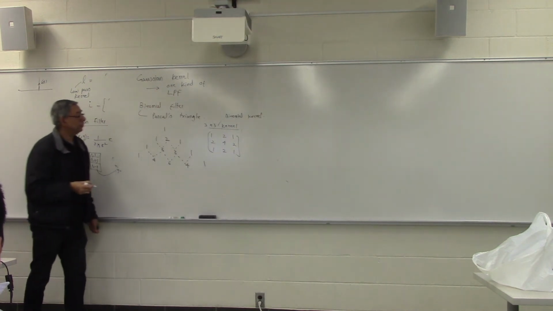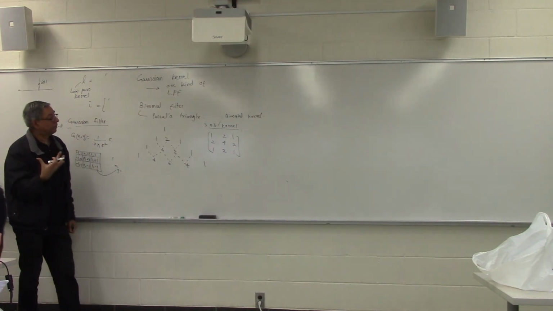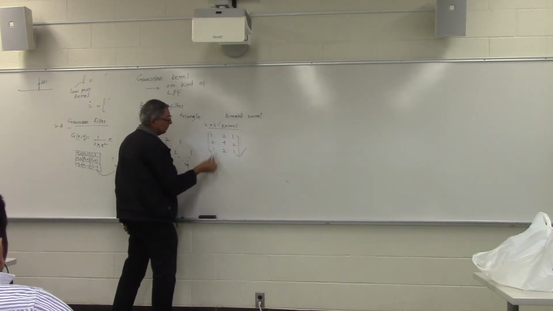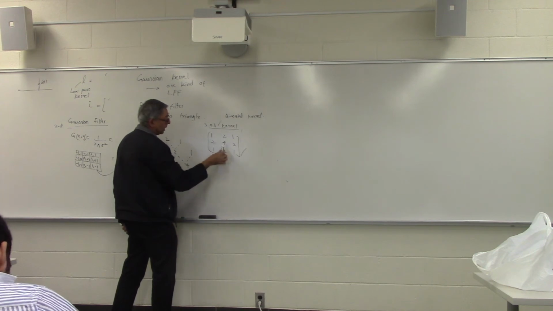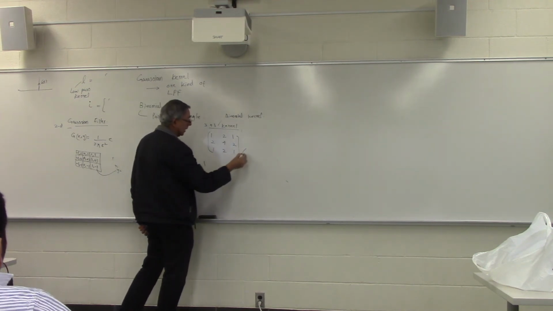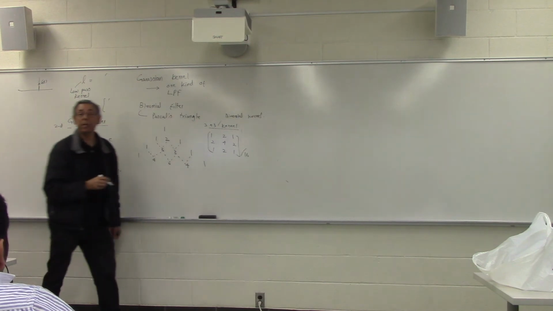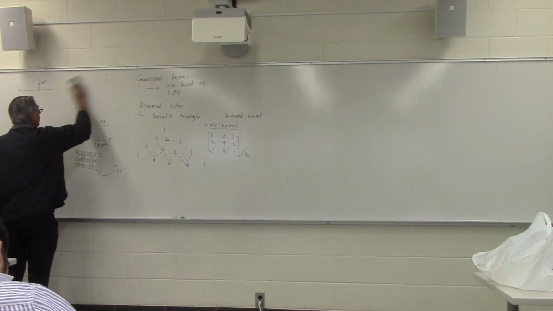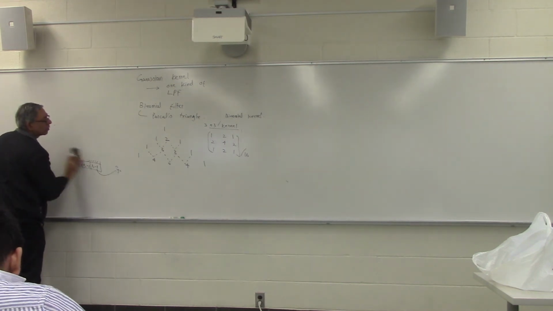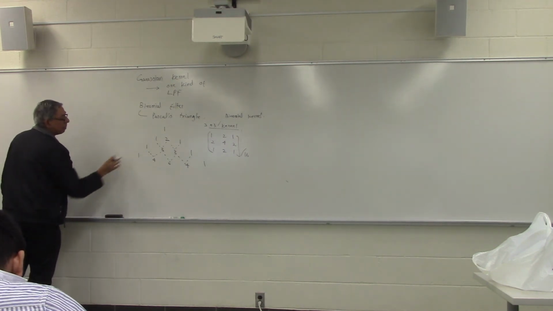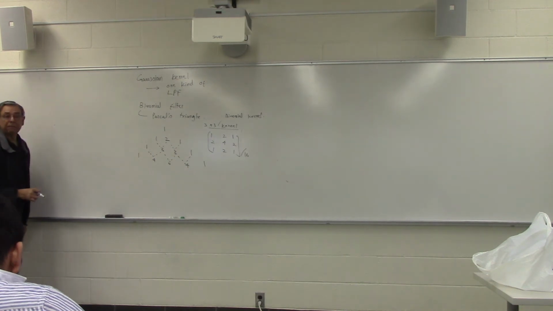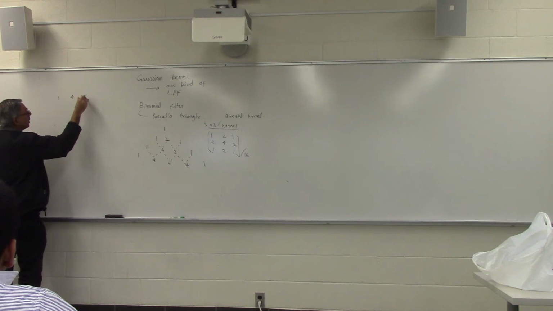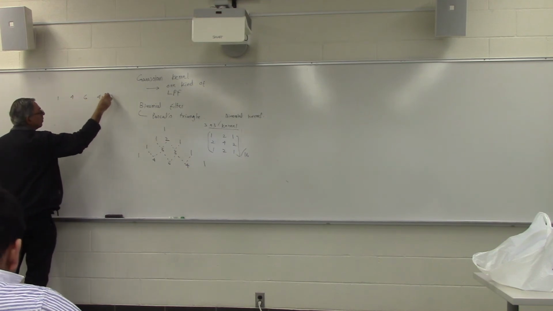We have to divide by the sum of all of these. What's the sum? 4 plus 8 is 12, plus 4 is 16, so we divide by 16 for the binomial kernel, right? What if we wanted to create a 5 by 5 kernel? A 5 by 5 kernel will look like this: 1, 4, 6, 4, 1.